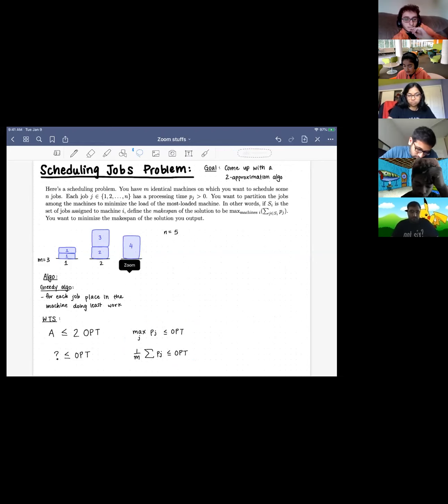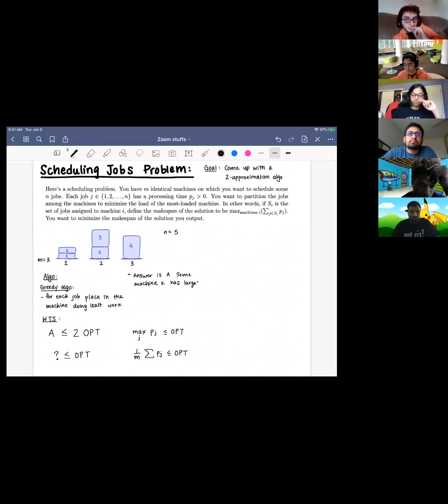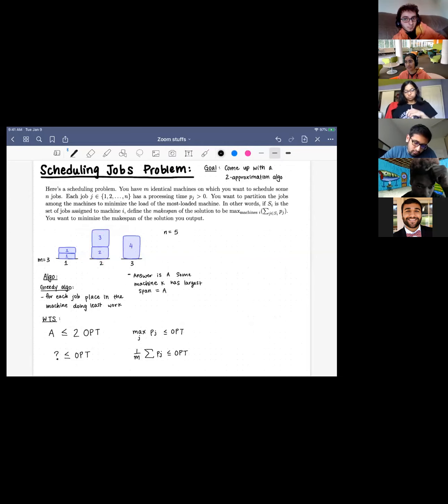So one thing to notice in our algorithm is that if our algorithm's answer is A, it's because there's some machine K that has the largest span, and that span is A. So in our example, machine 2 is machine K, and it has this largest span, A, which is 5, which is the algorithm's answer.